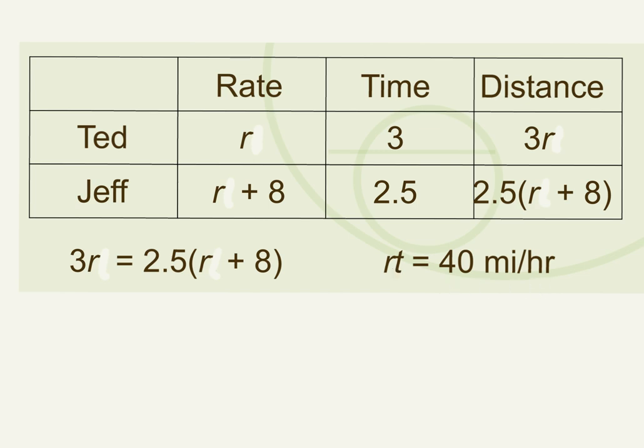Now, keep in mind, if they want the rate of both of them, we have really only solved for Ted's rate. And so Ted's rate we know is 40 miles per hour. But for Jeff's, we're going to go ahead and add that 8. So we know Jeff drove 48 miles per hour.